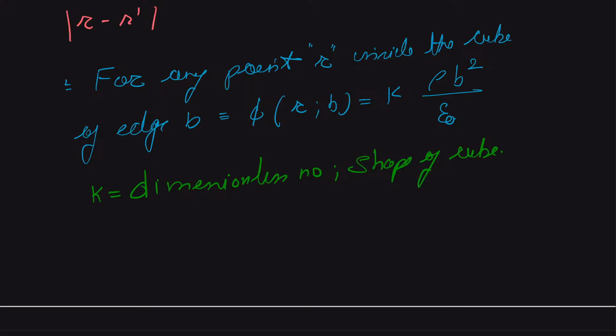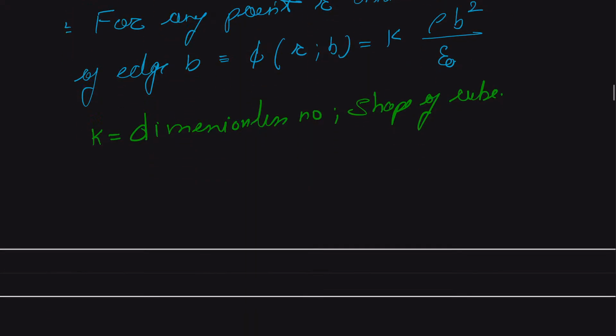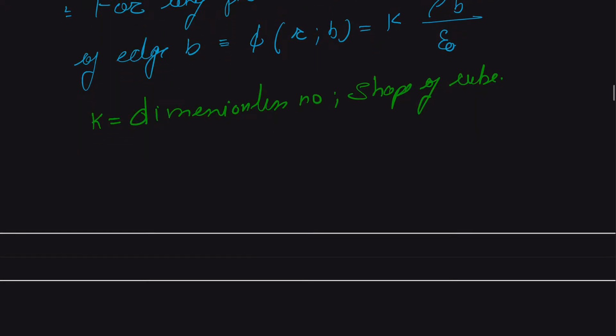And therefore we are going to define this constant K for phi naught as well as for phi 1. Now we come to the shape of the cube, and it is given to us that it has an edge of B, so we can just approximately draw it.